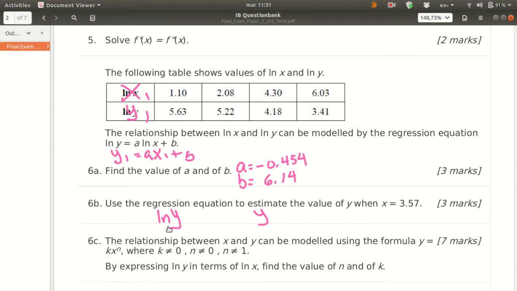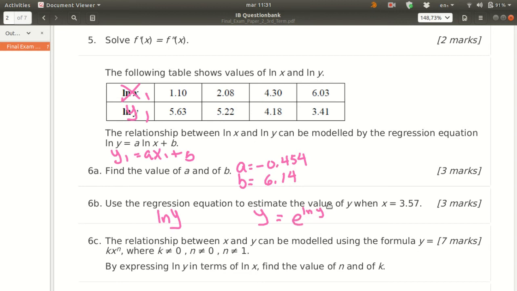So how do you get y from natural logarithm of y? Remember, by using e as a base for an exponent. So these two cancel. When you get the prediction using your formula, then just use e to the power of natural logarithm of y.